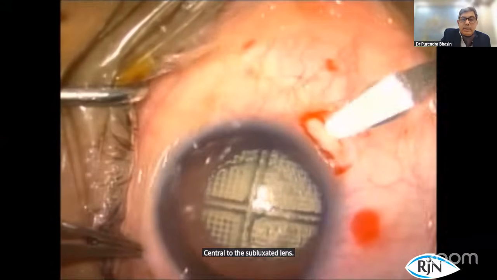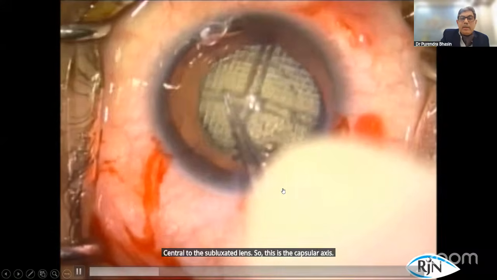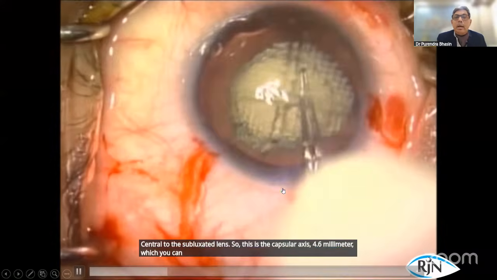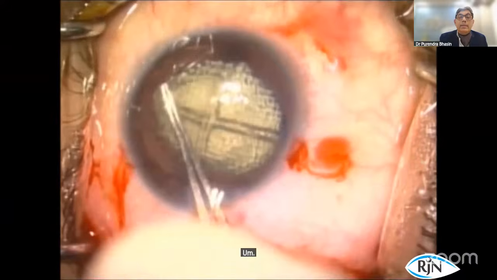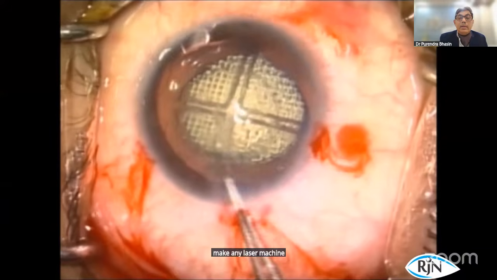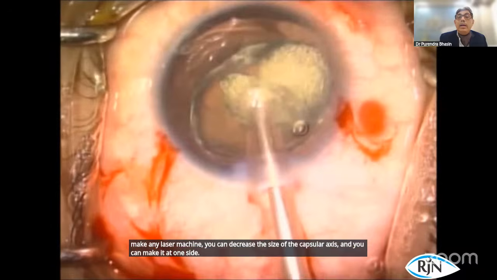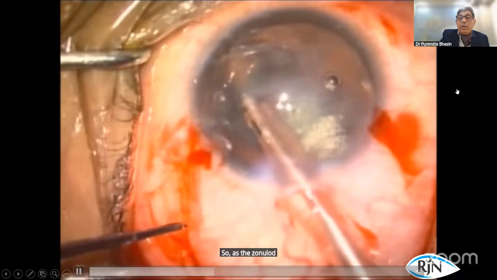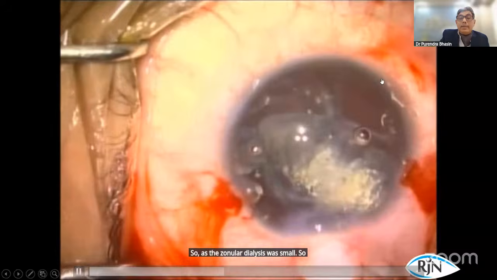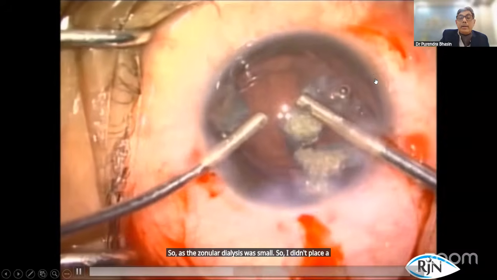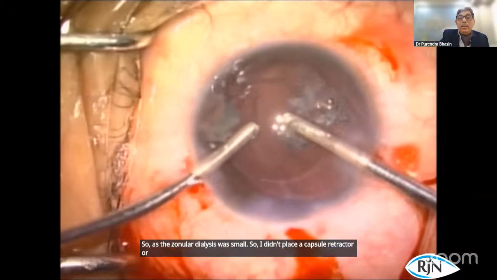So this is the capsulotomy of 4.6 millimeter, which you can easily make in any laser machine; you can decrease the size of the capsulotomy and make it at one side. As the zonular dialysis was small, I didn't place a capsule retractor or the CTR before.